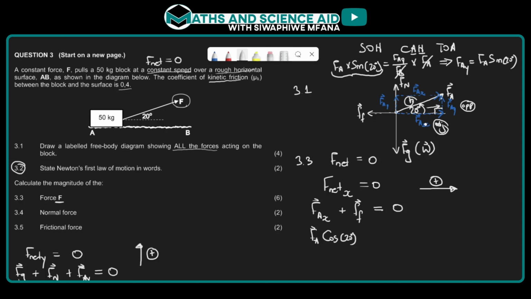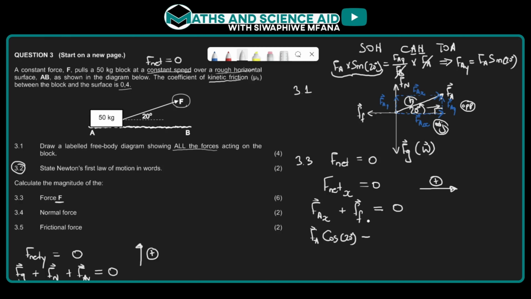And now this will be positive because, as we can see, Fa of x is to the right. So this will be positive. And then the frictional force will obviously be negative because it's to the left. So the sign of the frictional force will be negative.